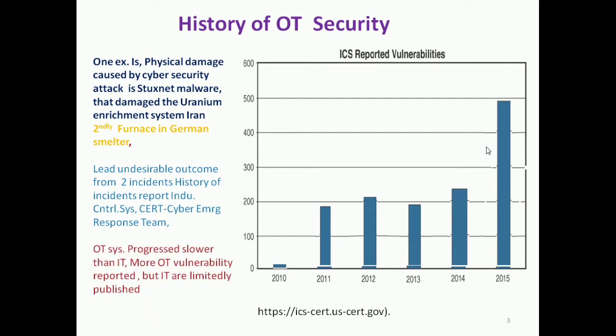It says that operation technology systems progressed slower than IT. More IT vulnerabilities are reported, but IT vulnerabilities are published only to a limited extent.